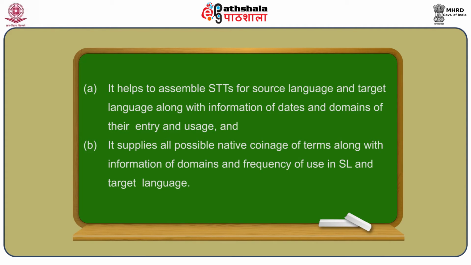First, it helps to assemble terms of the source language and the target language, along with information on dates and domains of their entry and usage in the language. Also, it supplies all possible native coinages of terms along with information on domains and frequency of usage in both source and target language.